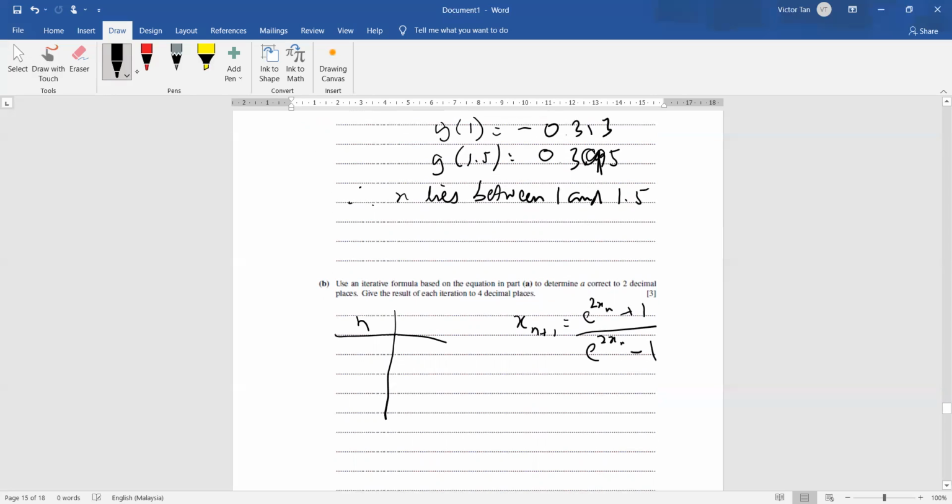The first n is 1, so your xn, put it between 1 and 1.5. I put it 1.2.